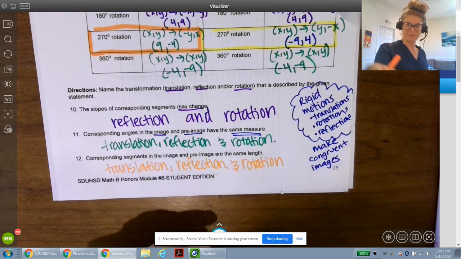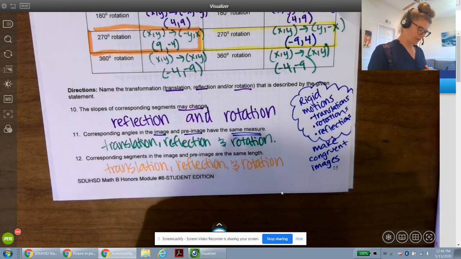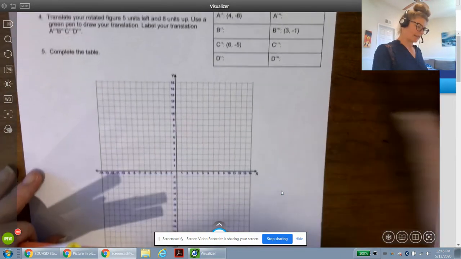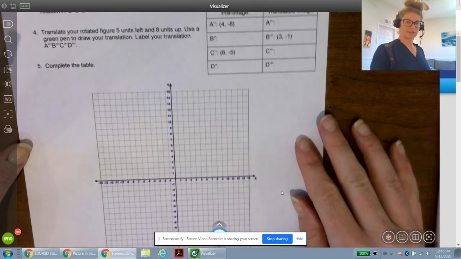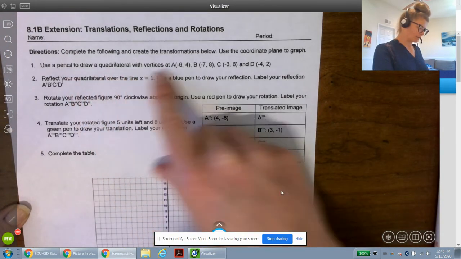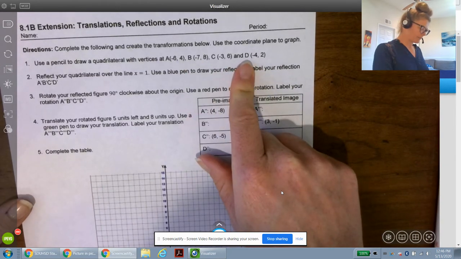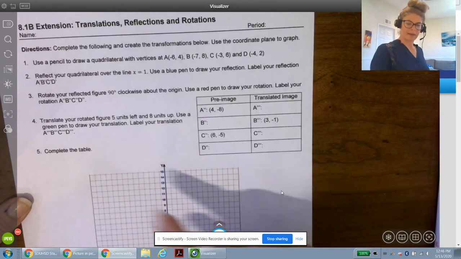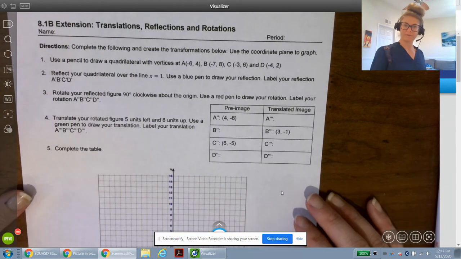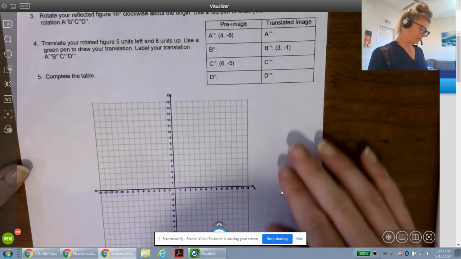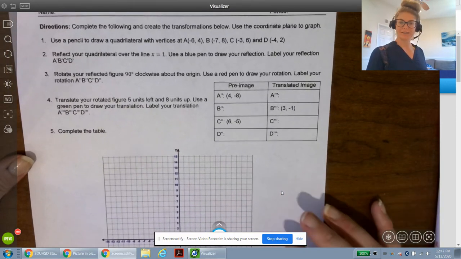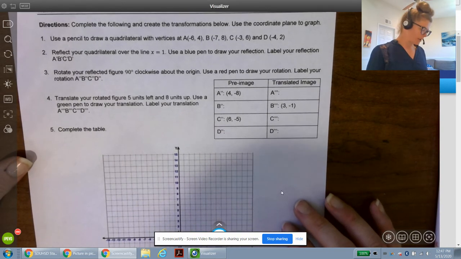Nice, excellent job. So the next part, if you're interested, is an extension on translations, reflections, and rotations. You're going to use a pencil and start with your pre-image, and then it says to use certain color pens. I will post my solutions in the worked out, filled in lesson, so if you want to try this out, you can see how you do.